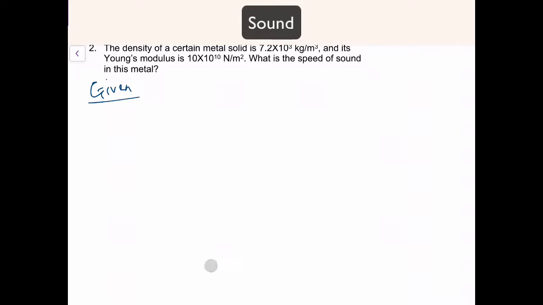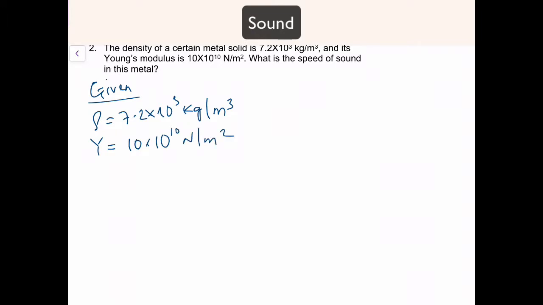The density of a certain metal is given as 7.2 times 10 to the power of 3 kilogram per meter cubed, and it has a Young's modulus of 10 times 10 to the power of 10 Newton per meter squared. What is the speed of sound in this metal? So V in this metal is equal to how much?